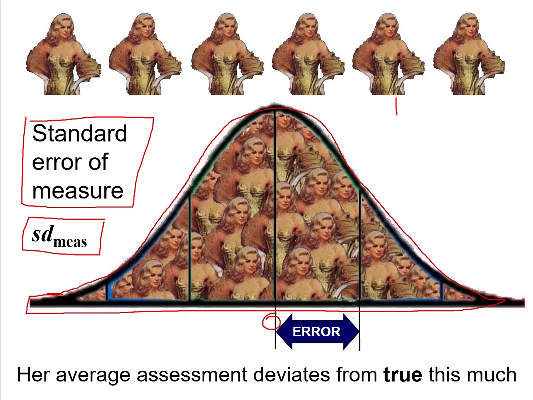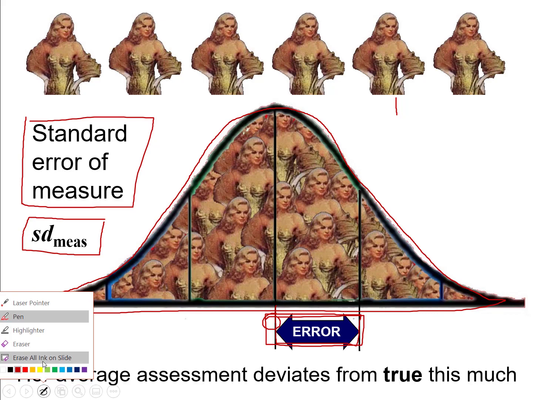That's what the standard error of measure tells us, how far on average a person's observed assessment typically deviates from that person's true score. So here I have this blue double-headed arrow down here, and that's the size of the standard deviation of this distribution.